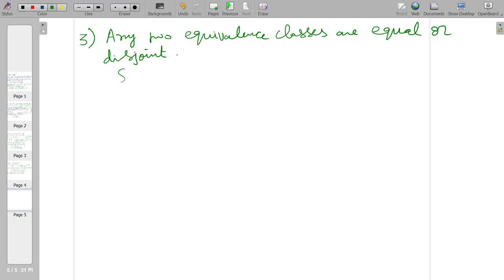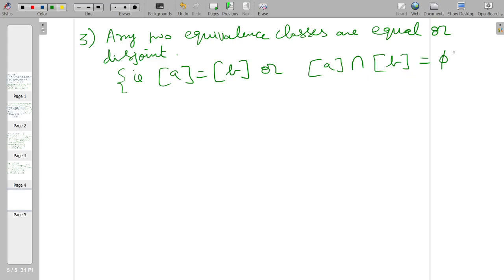Now what is the equivalent? That is, equivalence class of A will be equivalence class of B. If I take any two equivalence classes, they have to be equal, or equivalence class of A intersection equivalence class of B should be empty. So this will be the third property.